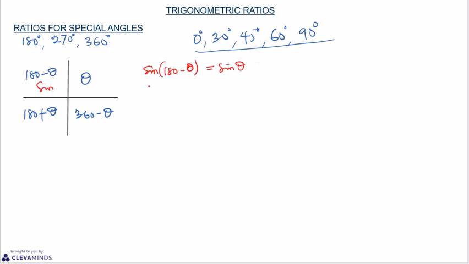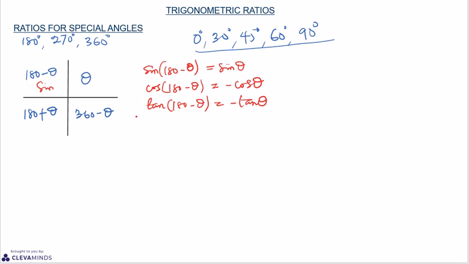Then we also have cos of 180 minus theta, still in the second quadrant, which is minus cos theta, because cosine is negative in the second quadrant. Then we also have tan of 180 minus theta, which gives us negative tan theta, because tangent is negative in the second quadrant.